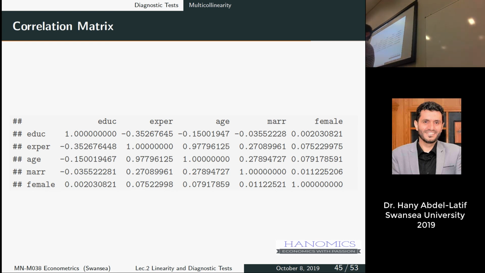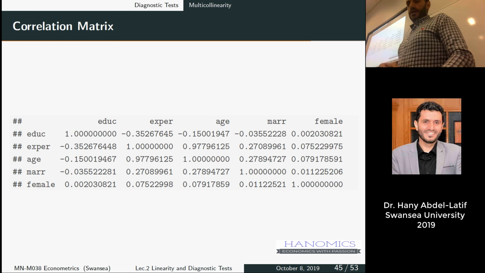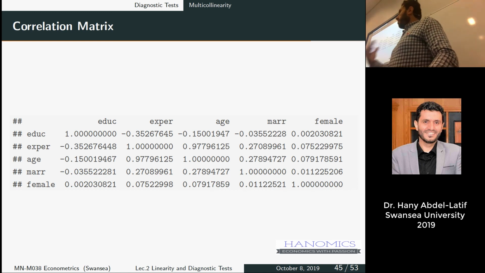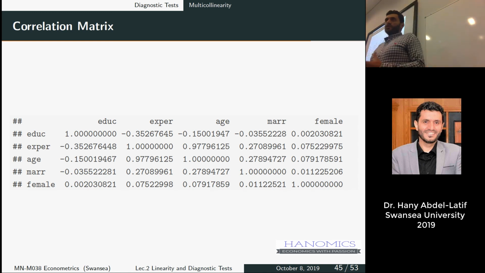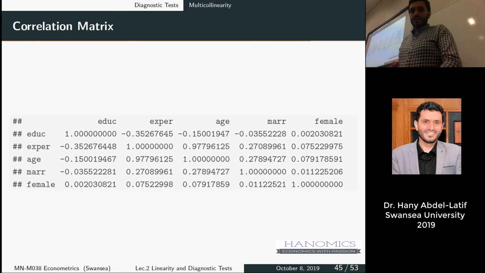You can try other variables as well, but age and experience are the main cause of the problem here, because it's normal to expect that experience is correlated with age. So this is one way to detect the presence of multicollinearity.